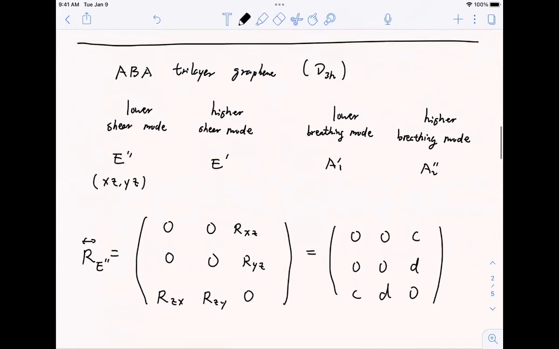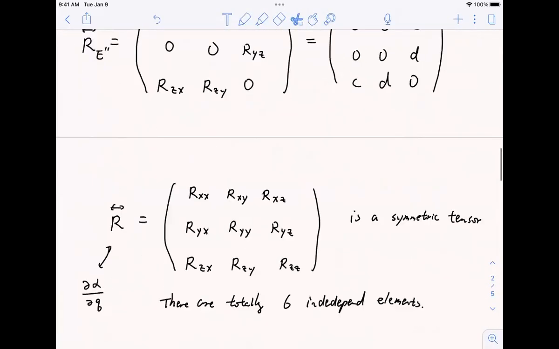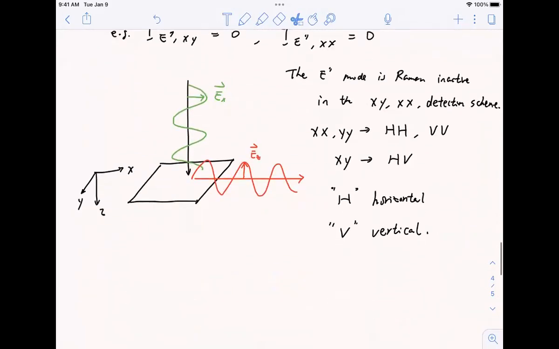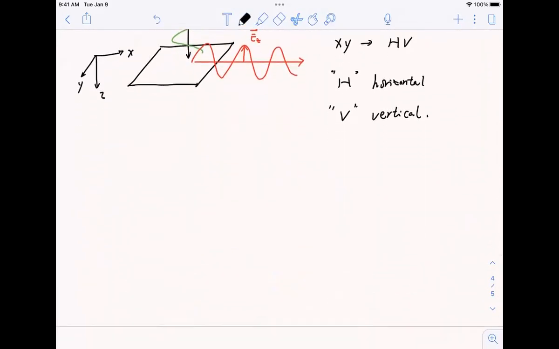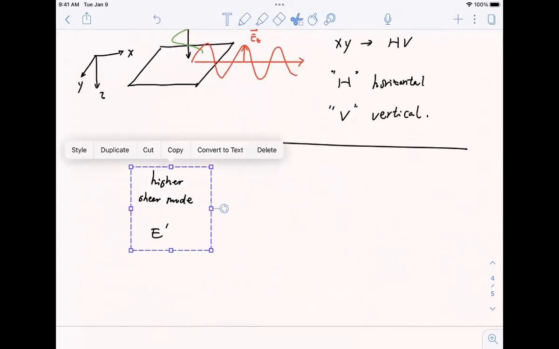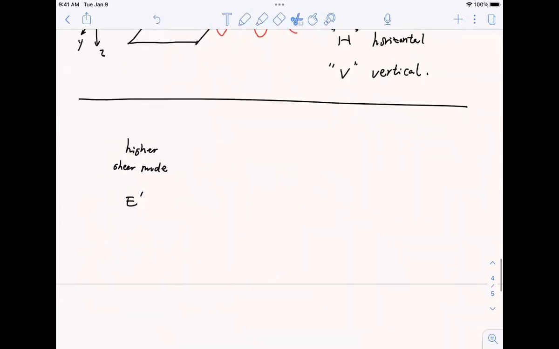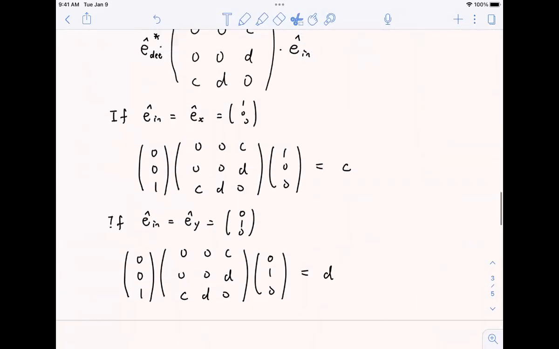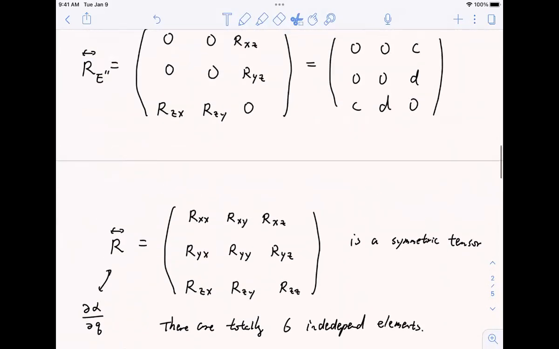Okay, let's go back. And then we're going to get this higher shear mode. For the higher shear mode, what is the form of the Raman tensor?